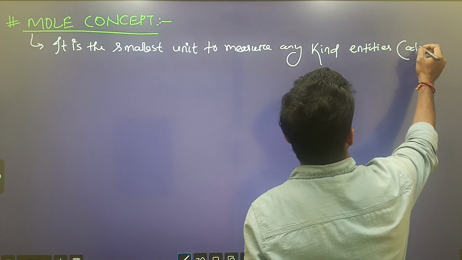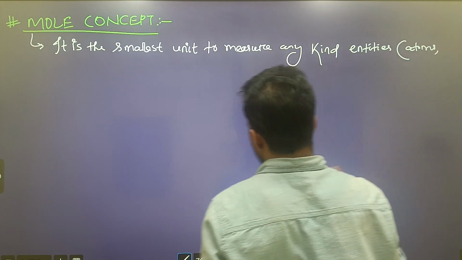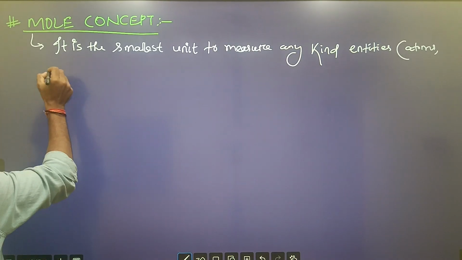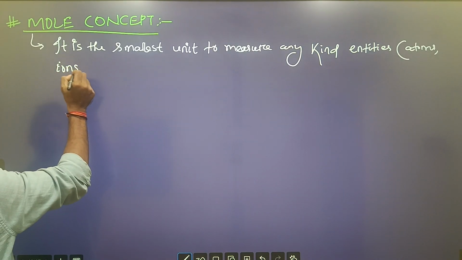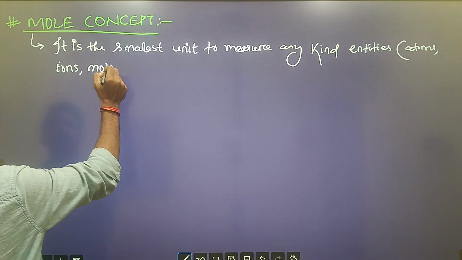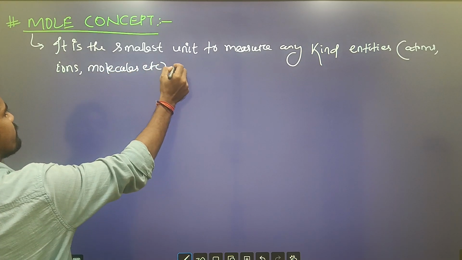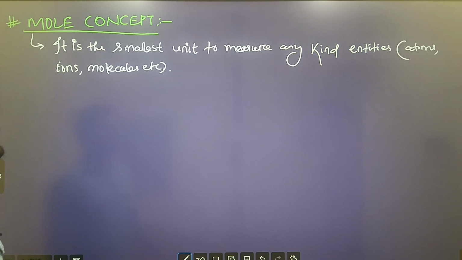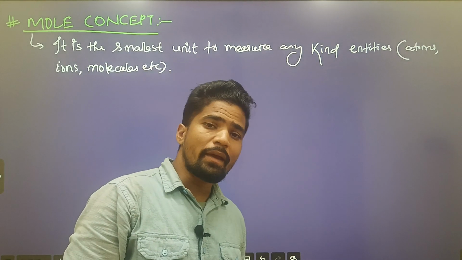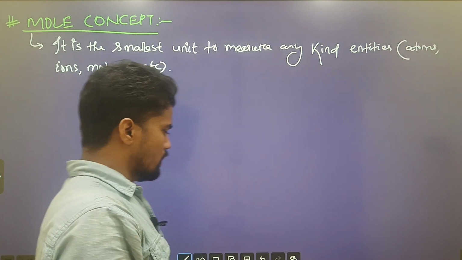Entities means what? Atoms, ions, molecules, etc. To measure any kind of entity, that means any microscopic particles, we use the mole.